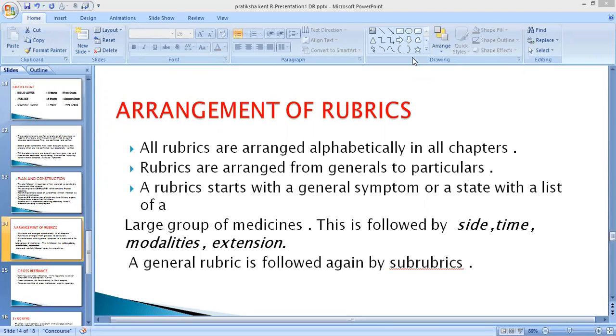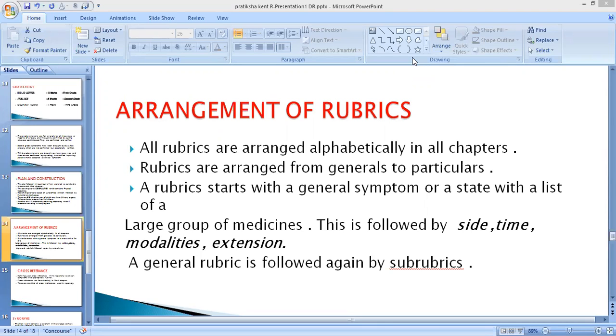How are those sections arranged? They start from section mind and end on section generalities. Dr. Kent's philosophy is based on deductive logic. He gave more importance to general symptoms and then went towards the particular symptoms.